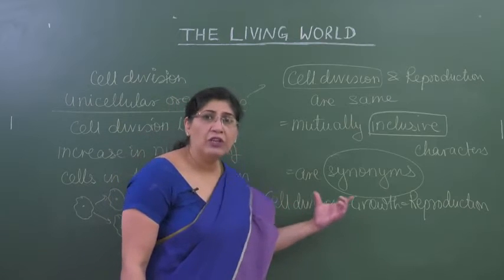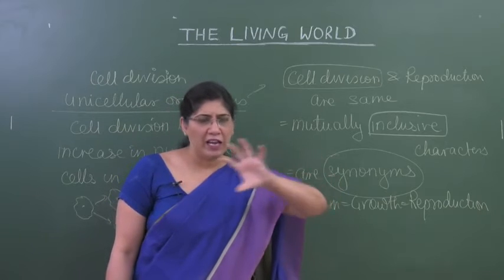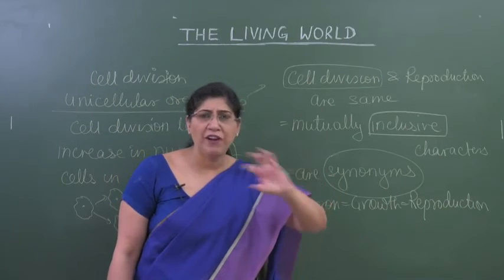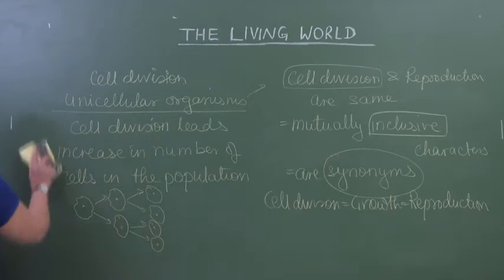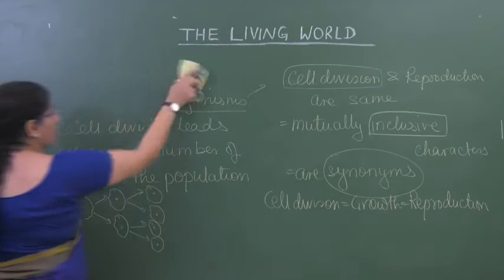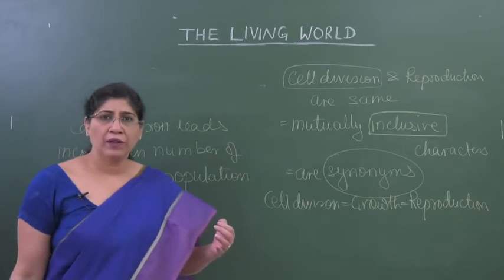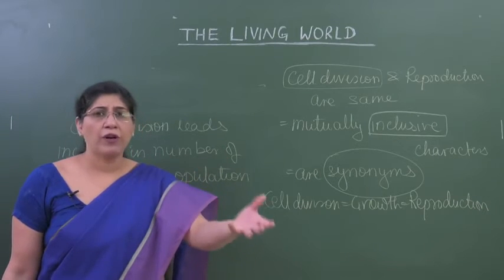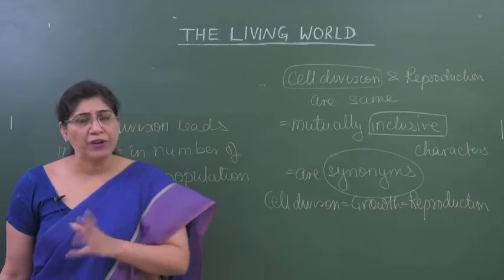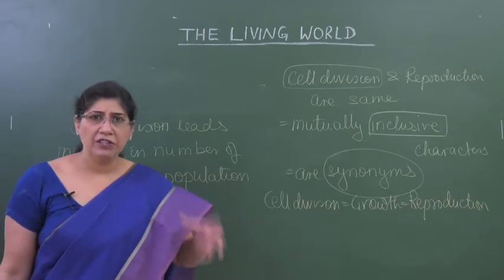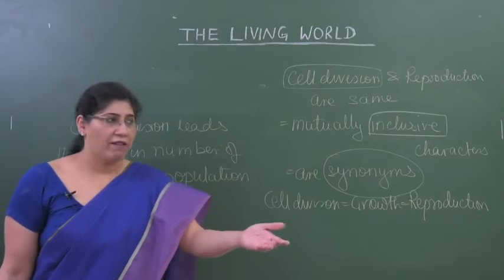So this means in unicellulars, growth cannot be an exclusive event. एक independent, exclusive, different event नहीं है. So in unicellulars, growth is not an exclusive or independent event, whether growth is occurring or reproduction is occurring. Same cell division is responsible for it. एक ही cell division growth भी करवाती है और reproduction भी करवाती है.